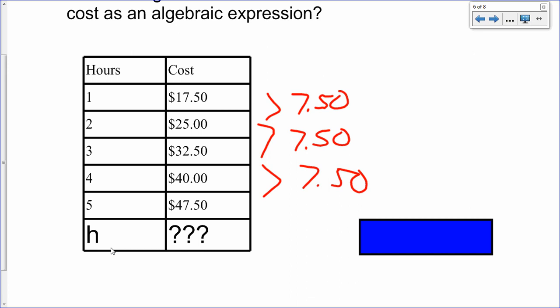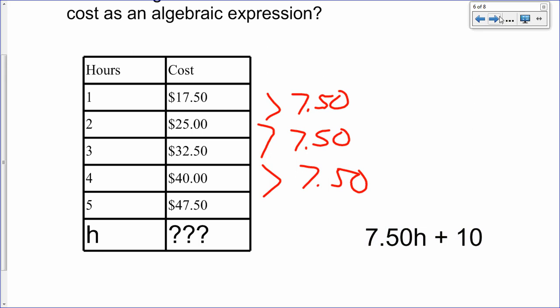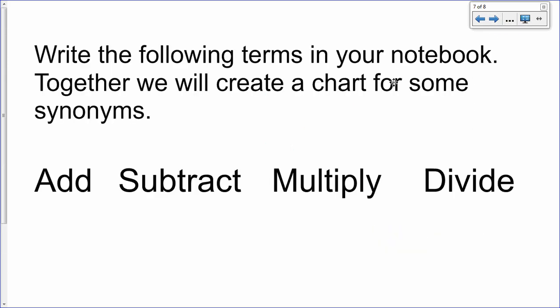We start out at $17.50, which means we're actually starting with a fee of $10. So if we wanted to figure out the cost for however many hours h we were going to rent something, we'd have to start with $10 and then add on h times $7.50 per hour.